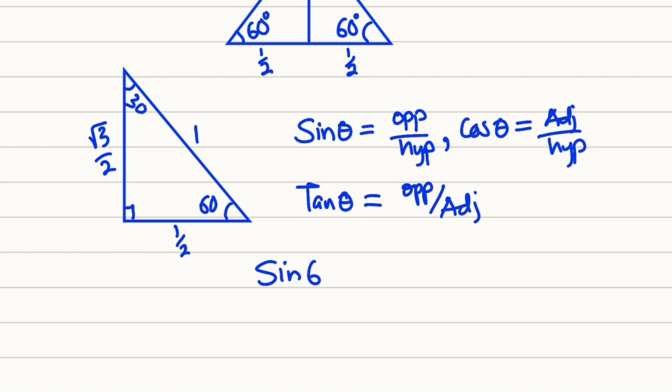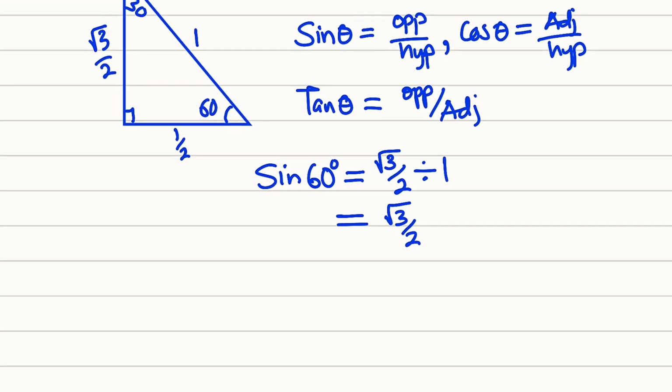Okay, so now let us start with 60 degrees. Sine 60 degrees equal to opposite divided by the hypotenuse. The opposite is root 3 over 2. So we have root 3 divided by 2 divided by the hypotenuse, which is 1. And 1 will not change it. This is equal to root 3 divided by 2. Then for cos of 60 degrees is equal to the adjacent divided by the hypotenuse.